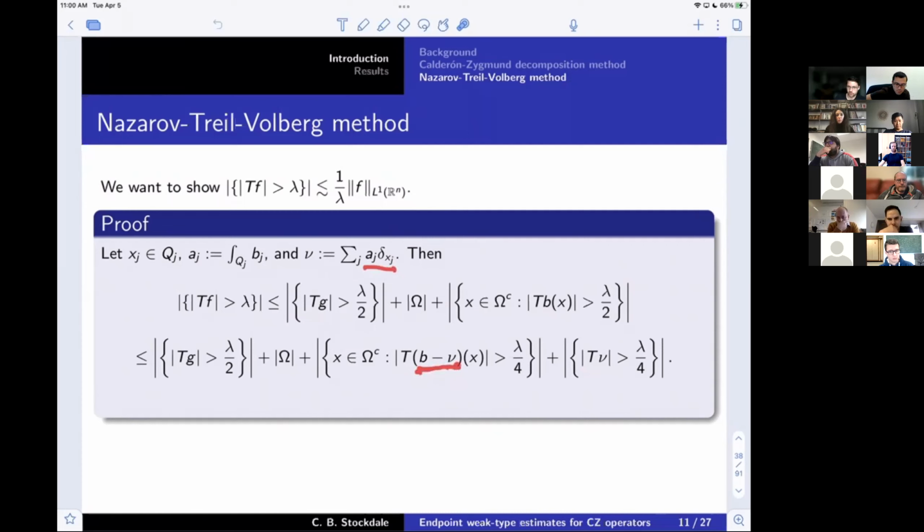You can use an L1 estimate with Chebyshev's inequality, subtract off the kernel evaluated at a point using the cancellation that we forced, and then use the smoothness estimate of the kernel, which will allow you to get some integrable quantity that we can then control above by the L1 norm of f.